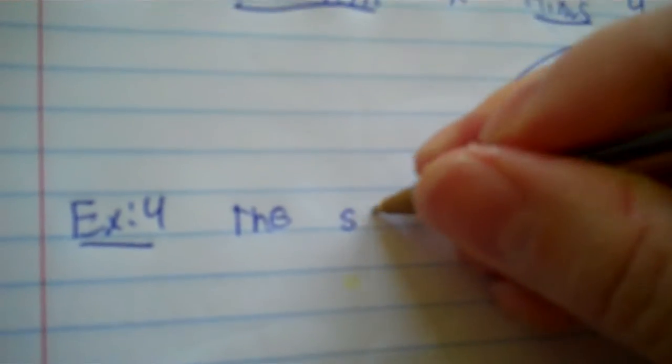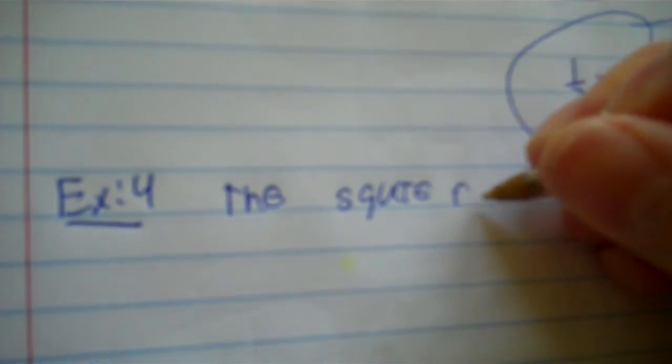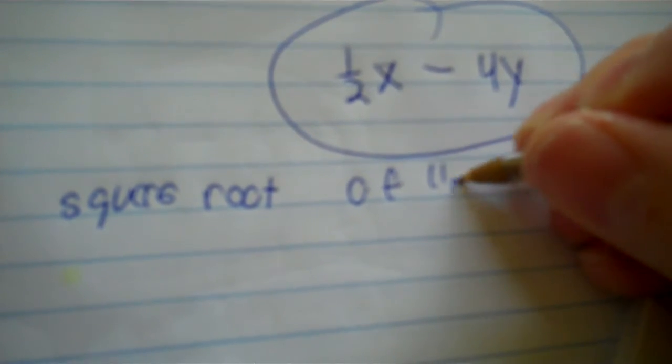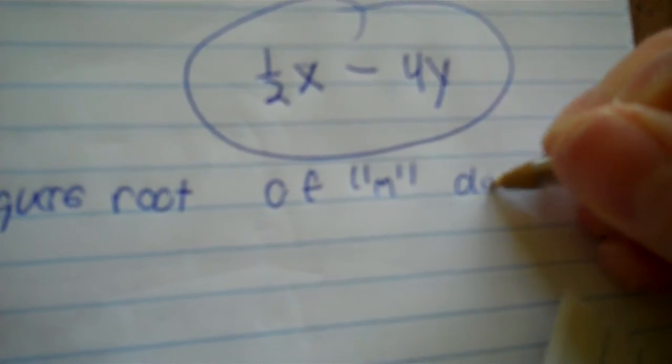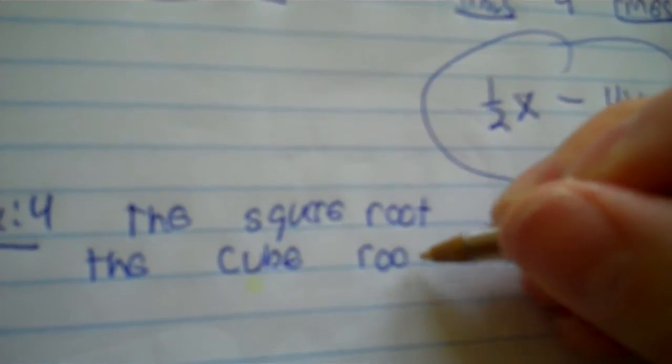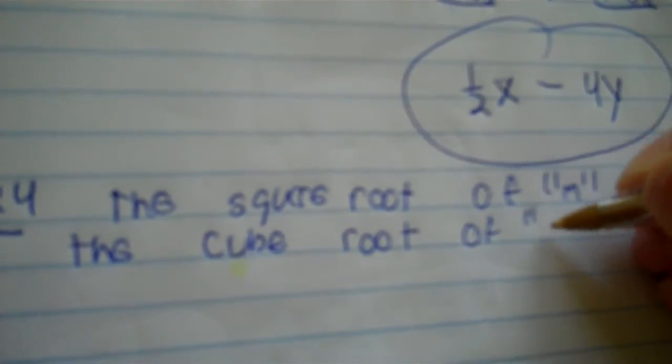Okay, example 4. You've got the square root of m divided by the cube root of n.